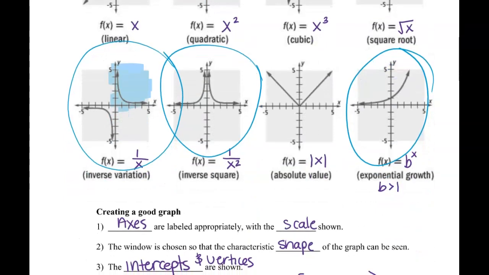Okay, so inverse variation. So y equals 1 over x squared. This one looks like this. And basically the asymptotes are what the functions are approaching as they go to infinity, either domain or range, basically as x or y goes to infinity.